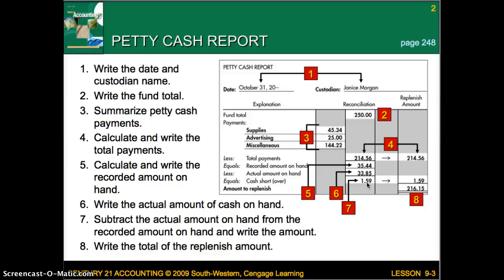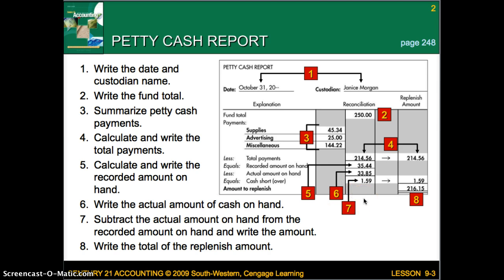Maybe when I'm taking something, they actually gave me more money back, or I actually had money in my pocket as well, and so when I put the change back, I had actually given some of my own change in. There's reasons why maybe this is not exactly right on the penny. Okay, so we are either going to have cash short or cash over.